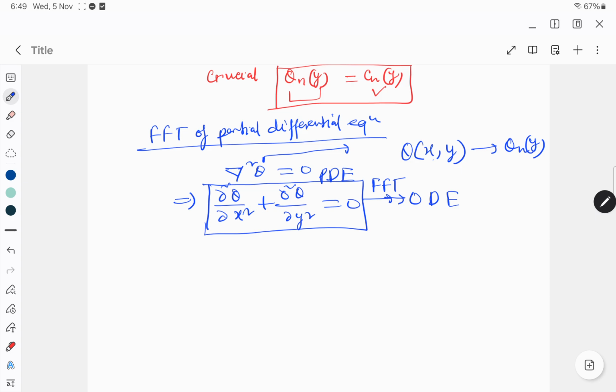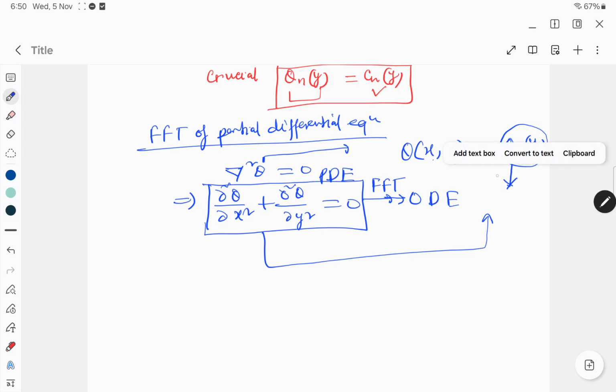So you will get an ordinary differential equation governing this. Here you got this theta n of y, and now you need to write the differential equation in terms of it, an ordinary differential equation in terms of the dependent variable theta n of y itself.